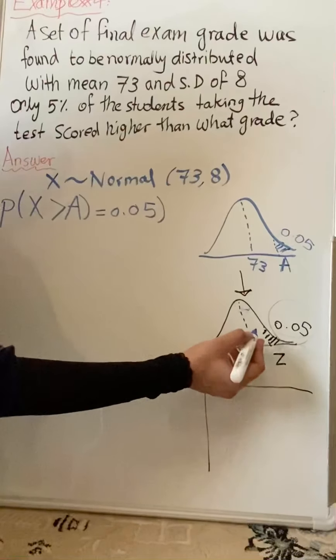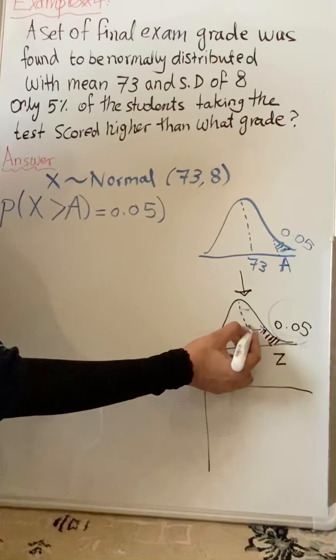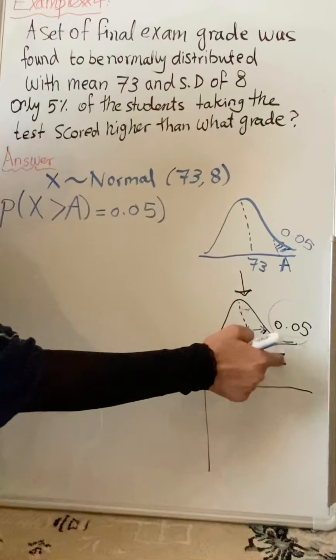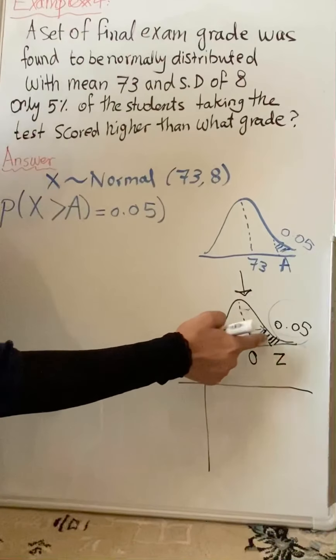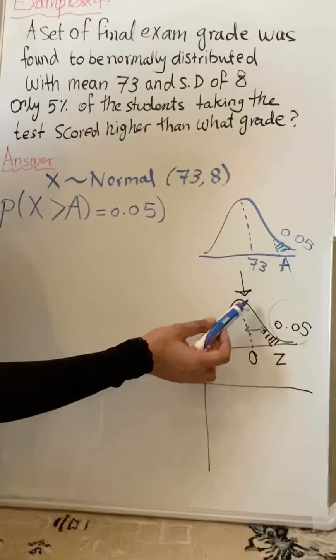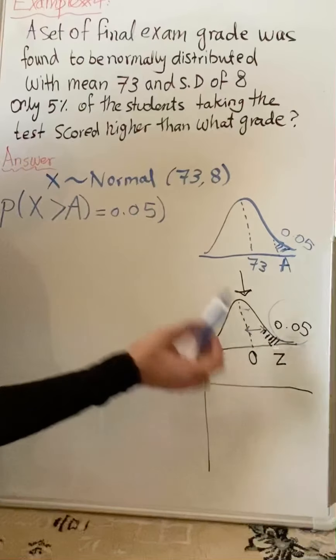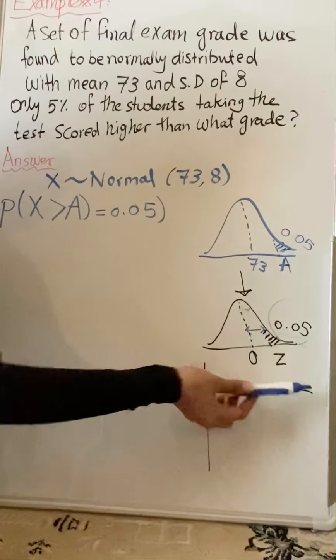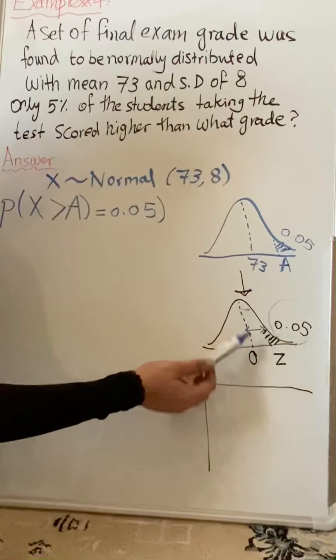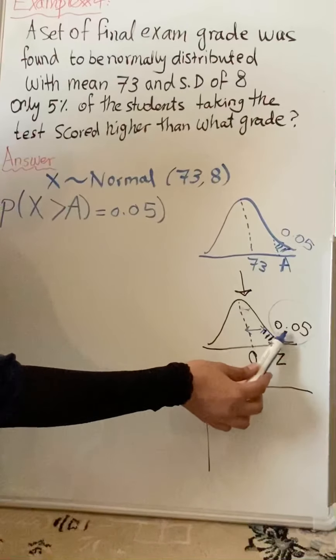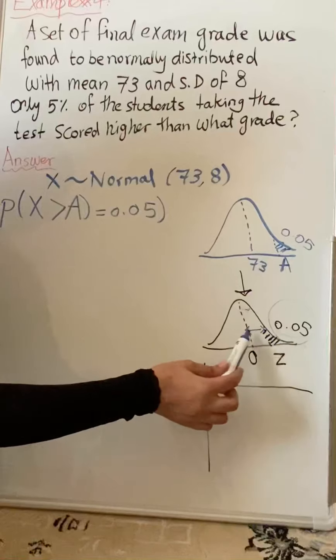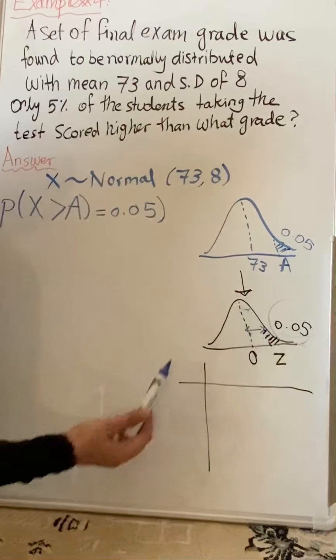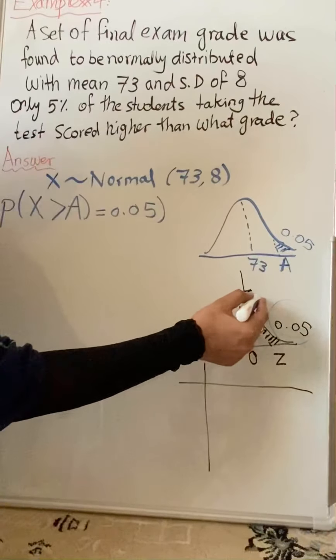We have to search for a probability when your Z is between 0 and this value. So what is this area? If we know the total area is equal to 0.5, right side of 0 or left side of 0, the total is 0.5. So if we know this area, how much will be this area? This will be 0.45.